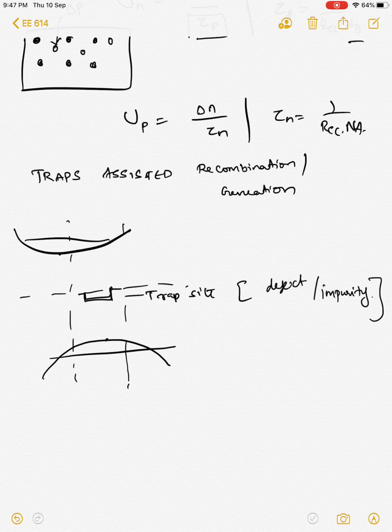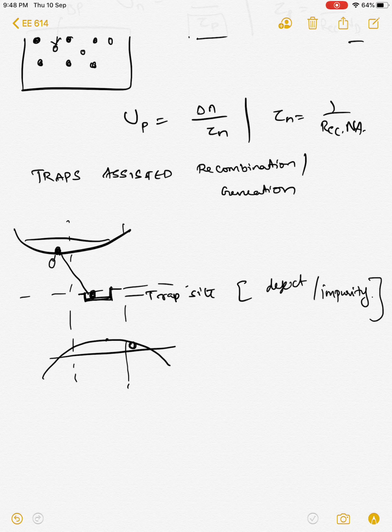If this impurity has a state in the middle of the band gap, and let us consider a situation in which it is empty, then an electron present in the conduction band gets trapped in the trap site, forming an electron in the intermediate state, and creating a hole.